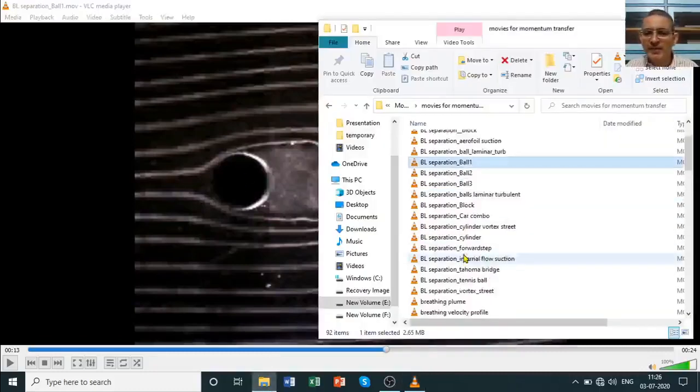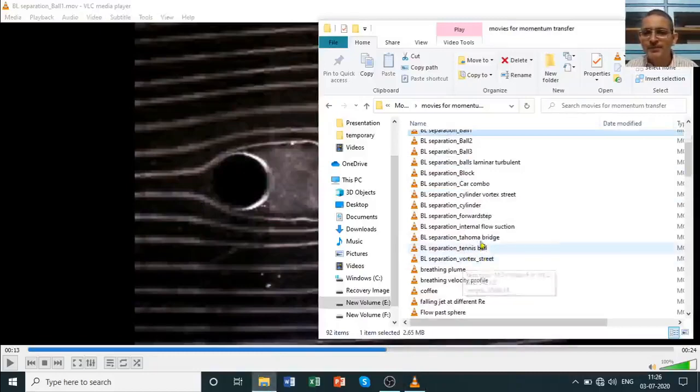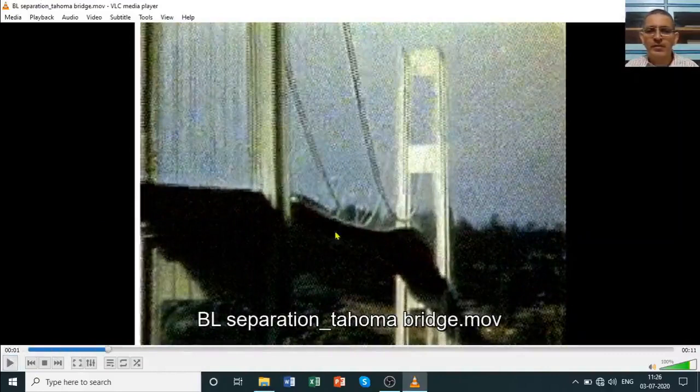One very dramatic example is this. This is a bridge, wooden, concrete and steel, and there is a cross flow wind that causes this unsteady flow structure behind the bridge.